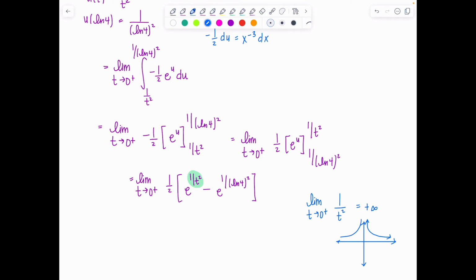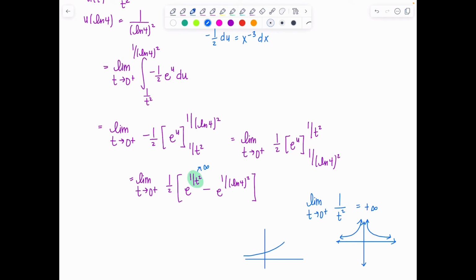Looks like this. So whether you're going to 0 from the right or from the left, both sides go to positive infinity. Okay, so what does that tell me? This little exponent here is going to positive infinity. And then e raised to something getting very, very large. Again, think of the graph of e to the x.